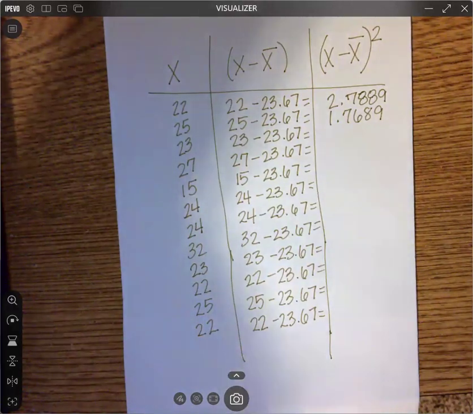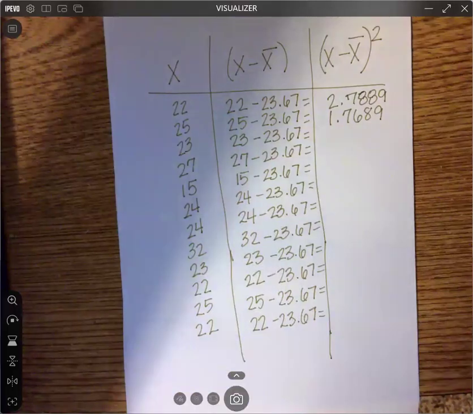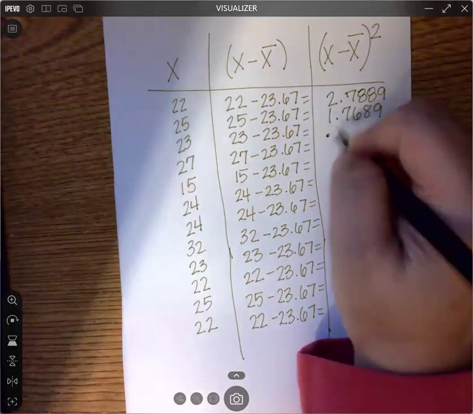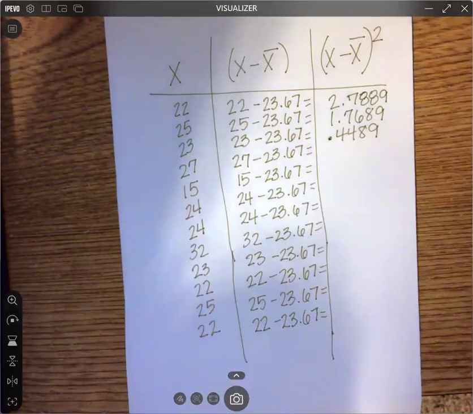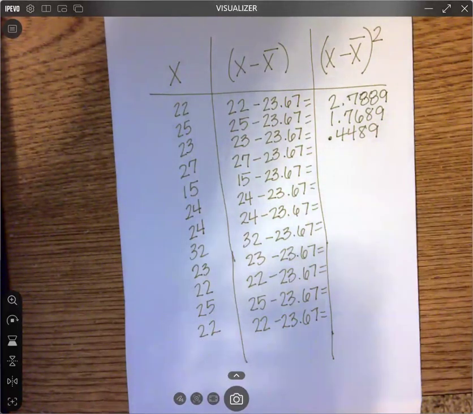Again, just keep going. Make sure you're typing in the right number each time. 27 is where I'm at.